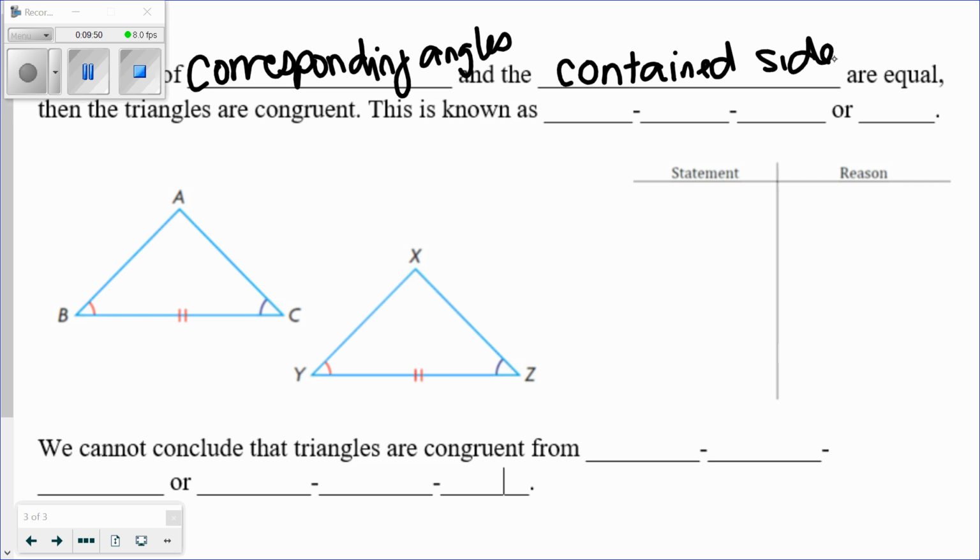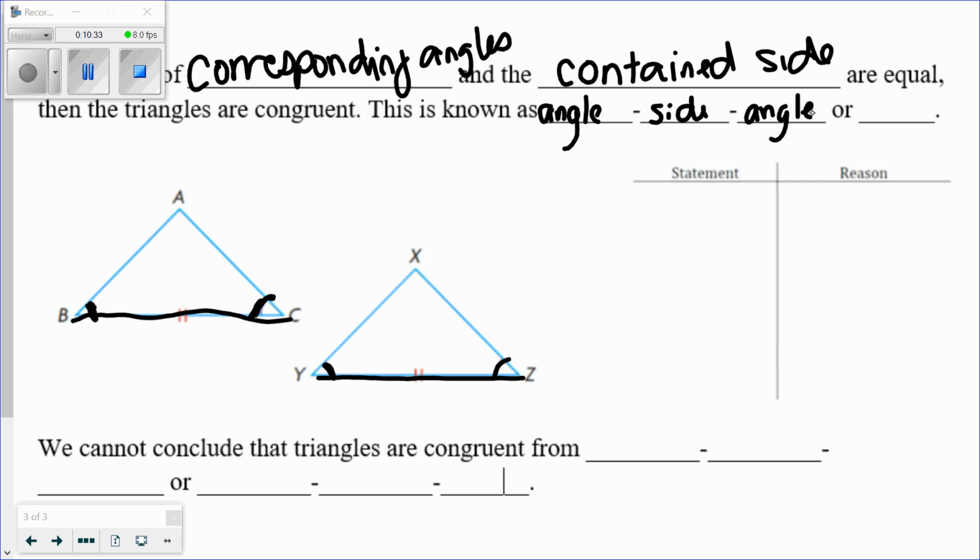So thinking about how we're going to write that, it's saying two angles and the side that's touching both those angles. So we couldn't have two angles and this side, that's not the contained side. It needs to be the side that's between those two angles. But if we have two angles and the contained side, so again, these angles and that contained side, we have something called angle side angle congruence.